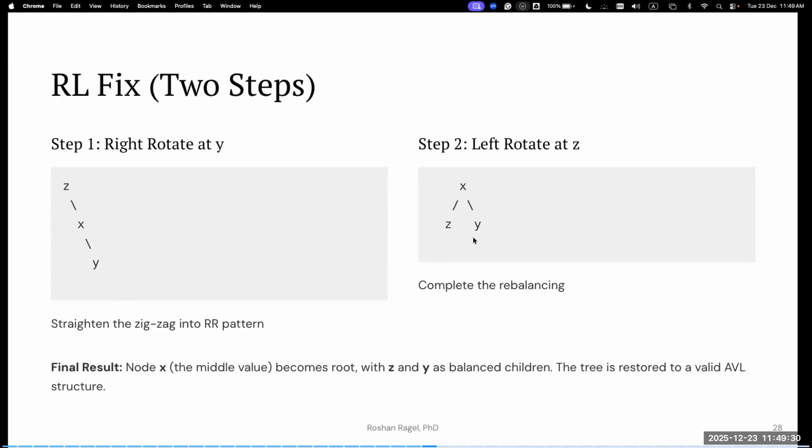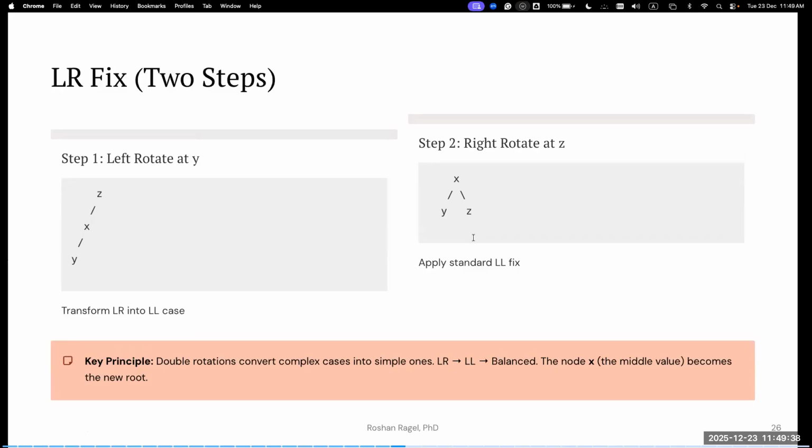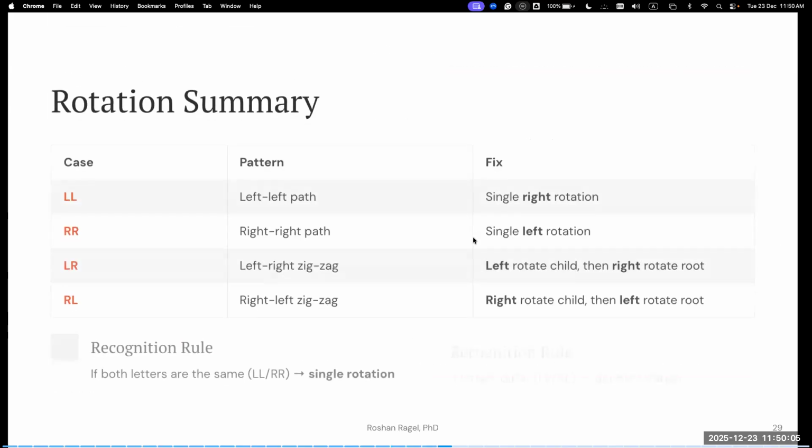So in cases where we have the RL or LR issue, where the right node of the left subtree or the left node of the right subtree is causing the imbalance, I'll do two steps. The first step is to make it into a problem like the first type, which is RR or LL: right node of the right subtree, left node of the left subtree. Then I'll do the second step, which is just the same as the previous one, right? So those are the four cases.